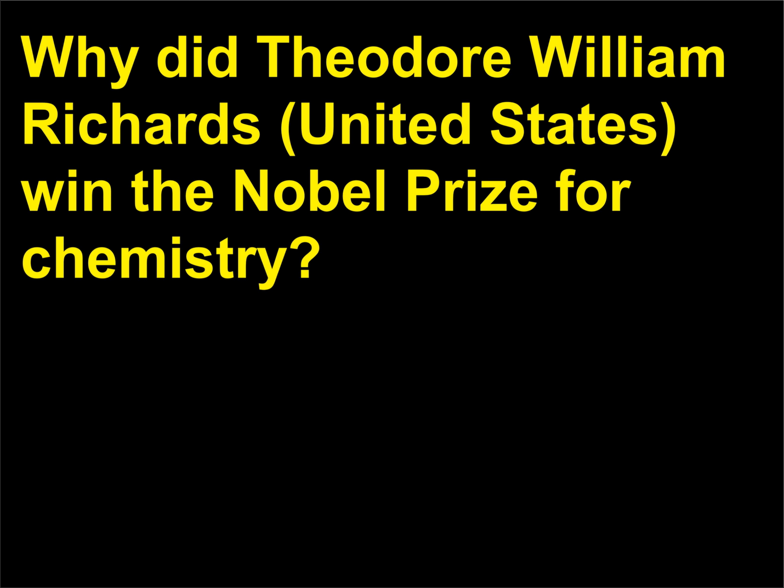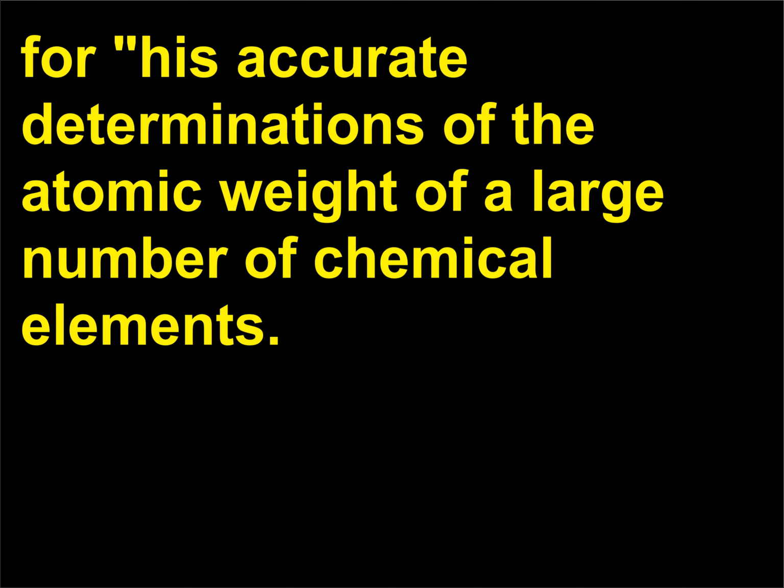Why did Theodore William Richards, United States, win the Nobel Prize for Chemistry? For his accurate determinations of the atomic weight of a large number of chemical elements.